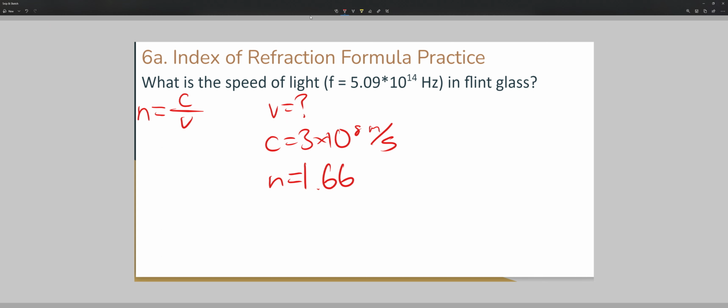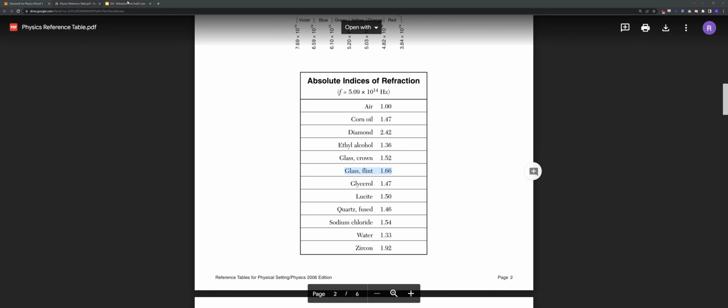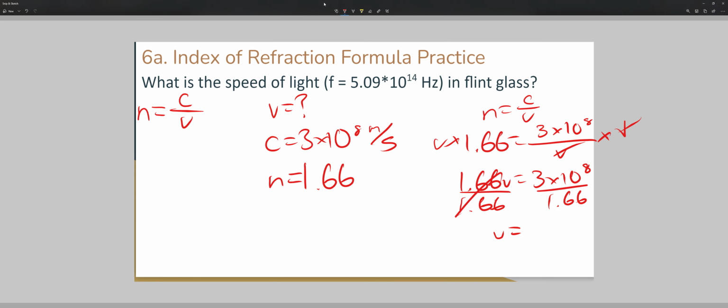So you use the formula n equals c over v. n is 1.66, times v, equals c. Then v equals c divided by 1.66. You can figure it out with your own calculator, but that's what you should do.